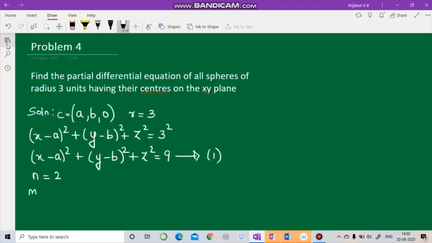What about the number of independent variables? How many independent variables do we have here? x and y. z is treated as a function of x and y. So m is equal to 2. And what is the relation between them? They both are the same, so n is equal to m. So when you have an equal relation, that means we will get a first order partial differential equation.